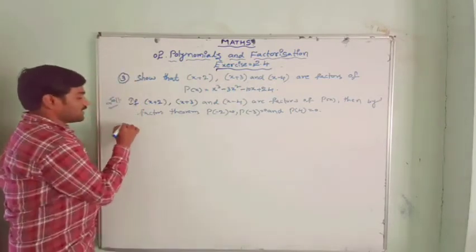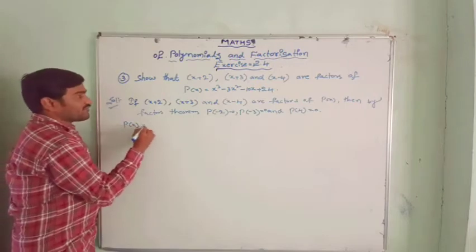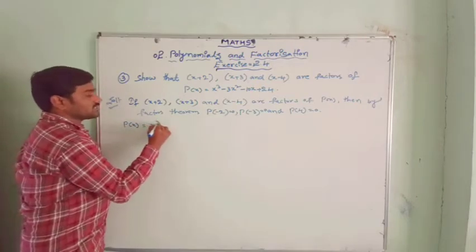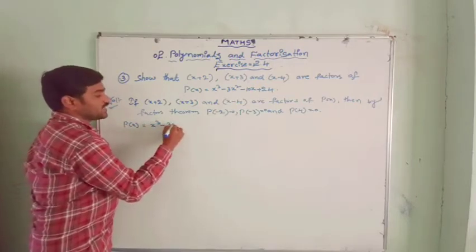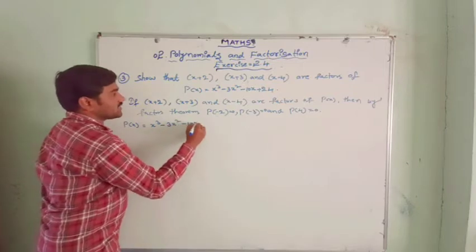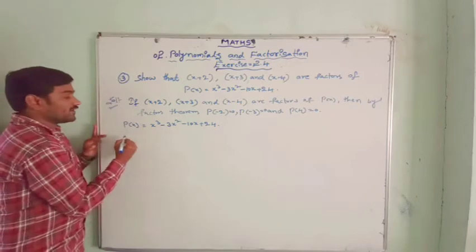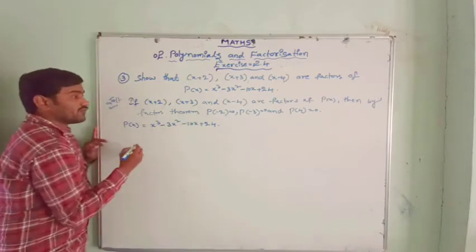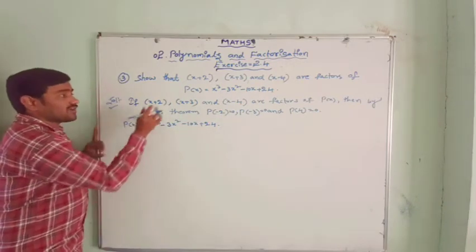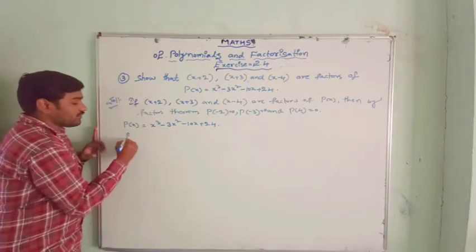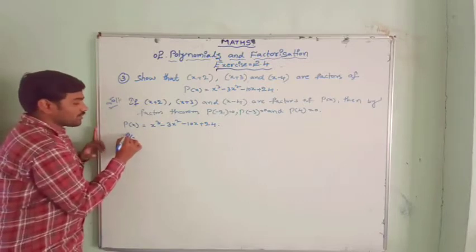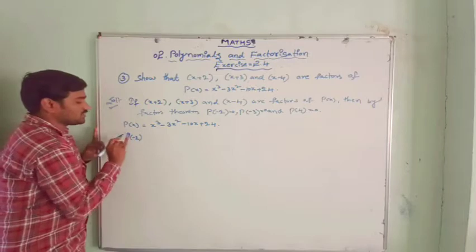First of all, let us take the given polynomial p of x equal to x cube minus 3x square minus 10x plus 24. Here we have to find first the factor x plus 2, that means p of minus 2. Let us substitute in this.